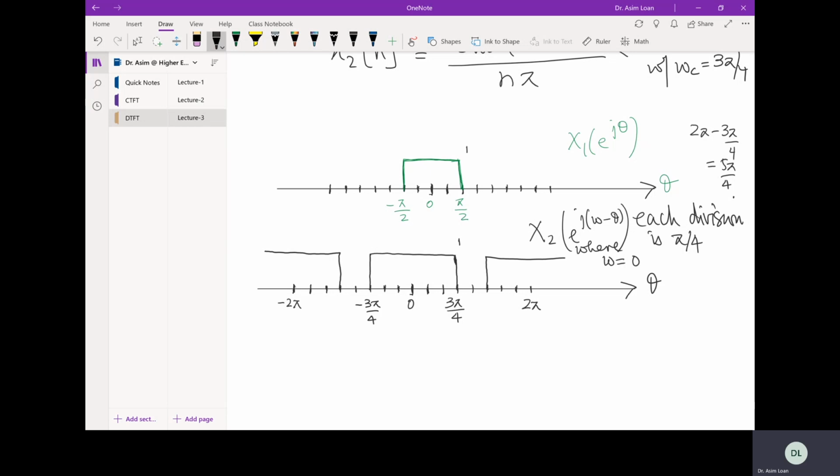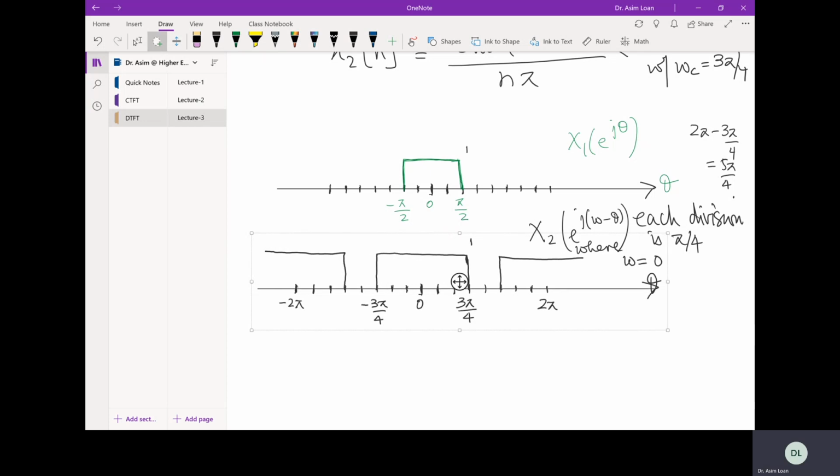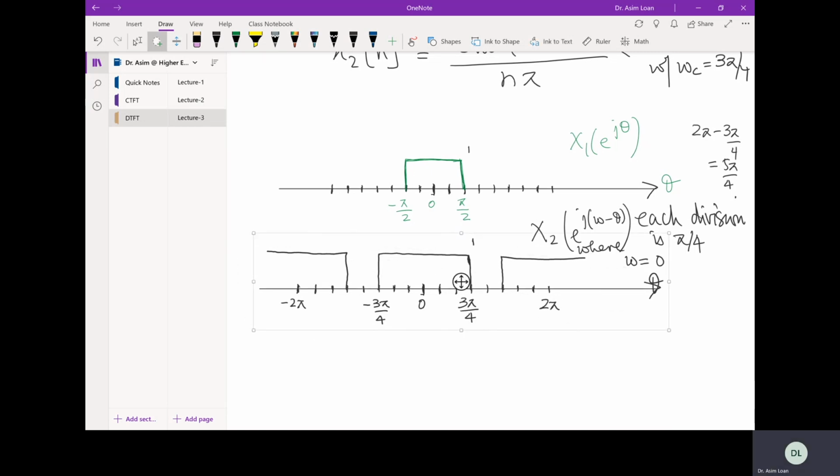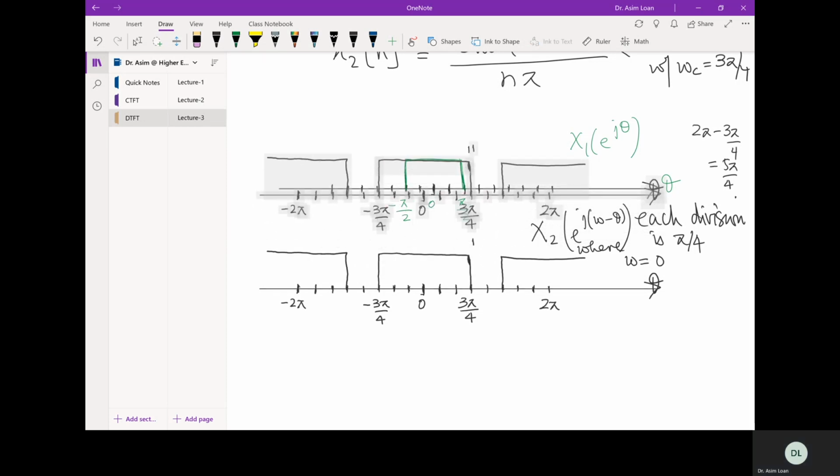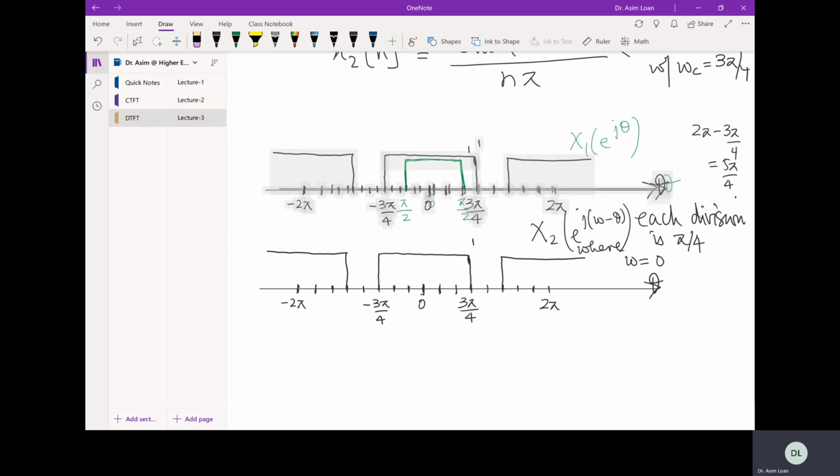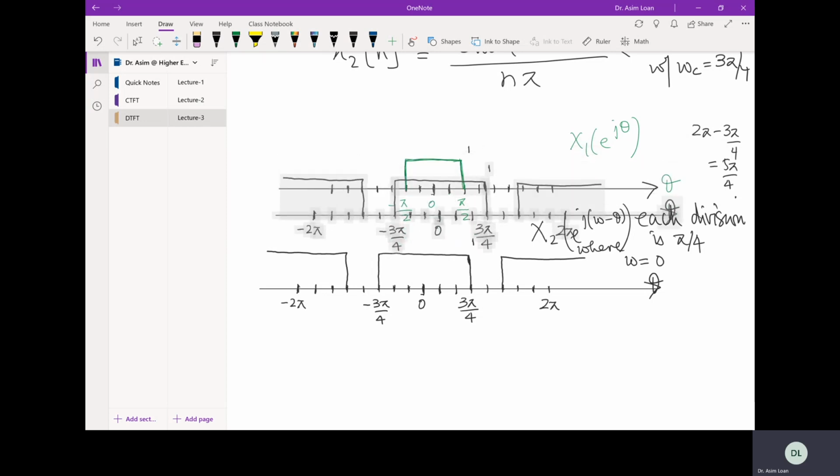So if omega is equal to 0, let me select this one, and I'm going to move this thing on top of this one.